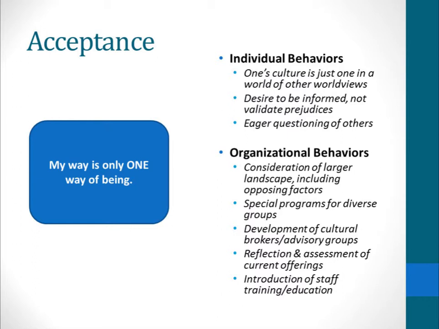We start to see some special programming for diverse groups, development of cultural brokers and advisory groups, some reflection and assessment of the organization's current offerings to really understand where they fit in the larger context that we talked about earlier, and introduction of staff training and education around diversity issues.